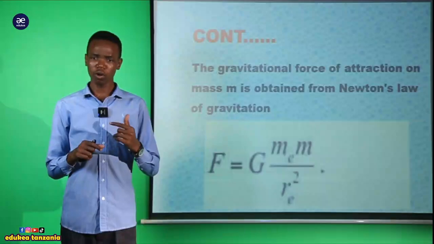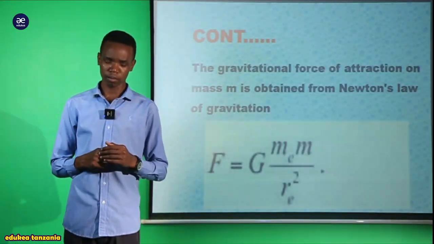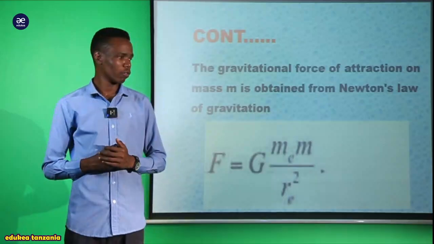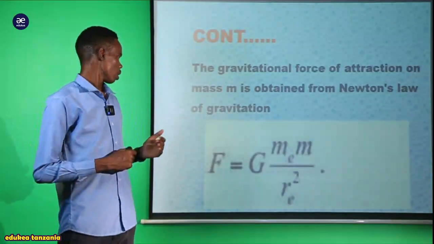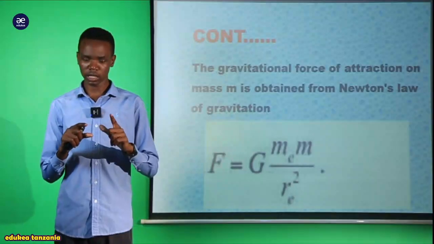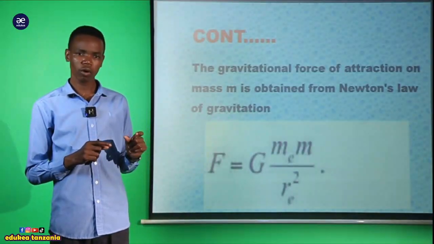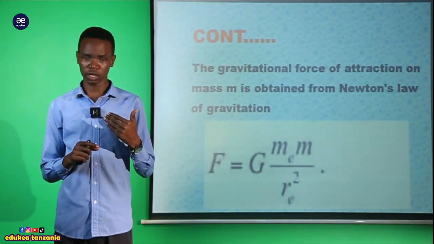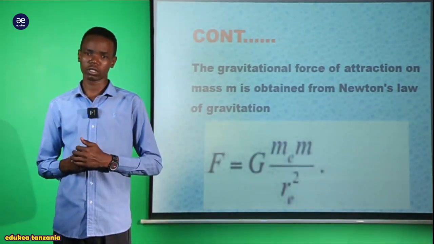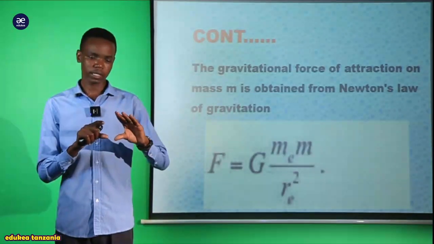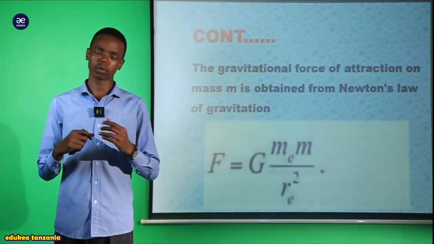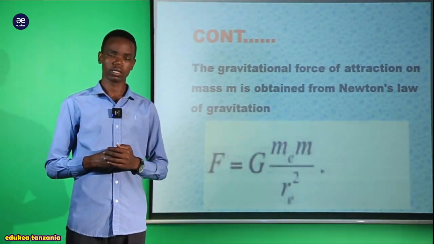It is obtained from Newton's law of gravitation, which states that the force of attraction between two masses in the universe, or between two bodies in the universe, is directly proportional to the product of their masses and inversely proportional to the square of their distance.